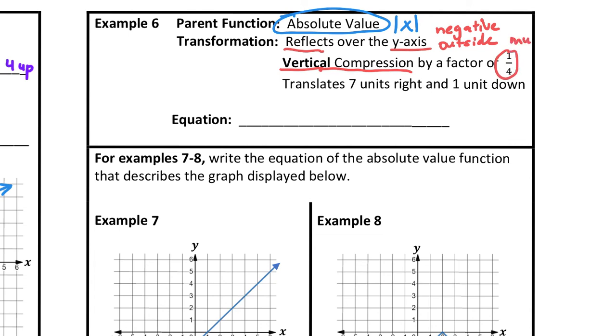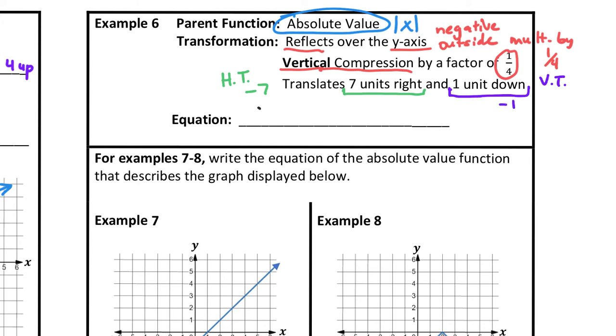So multiply by 1/4. And then translate 7 units to the right. So that's in green, it's a horizontal translation of minus 7. And then 1 unit down, that's a vertical translation, minus 1.